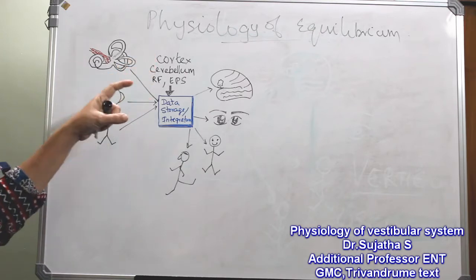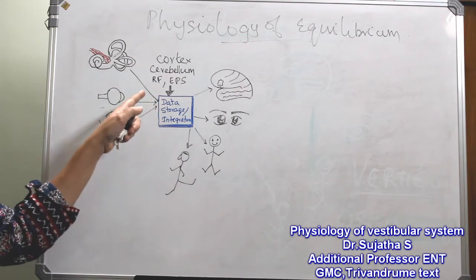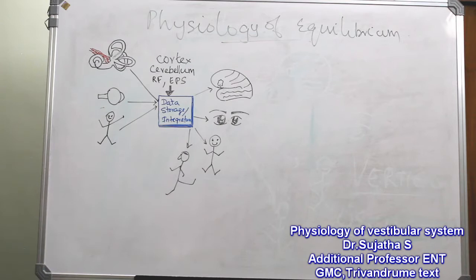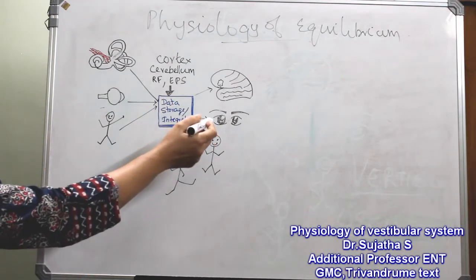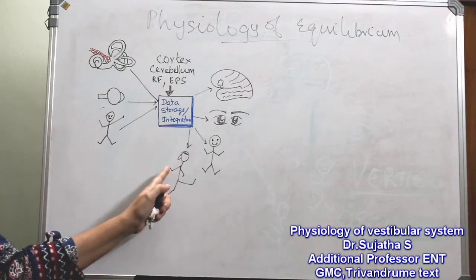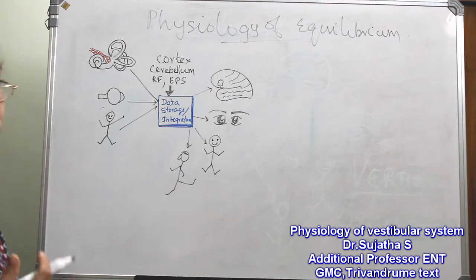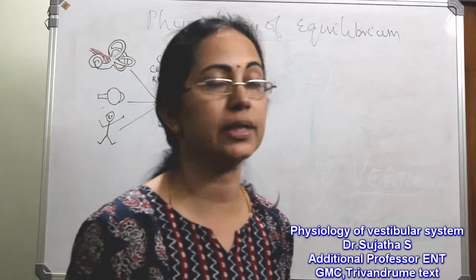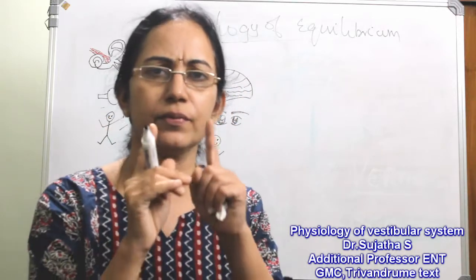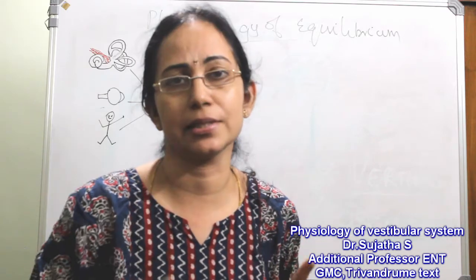All the data are integrated and stored, and it uses this information to coordinate the eye movement, the head movement and also the body movement during motion, and this will give a conscious perception of orientation and also motion. So that is very easy. I told the physiology of equilibrium in one sentence.